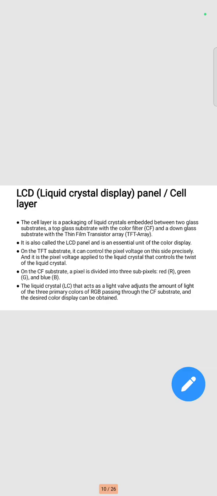that is the LCD panel or cell layer, liquid crystal display, right? So from the introduction itself, we clearly explained what is LCD, right? So here in this liquid crystal display panel, it's the packaging of liquid crystals embedded between two glass substrates.